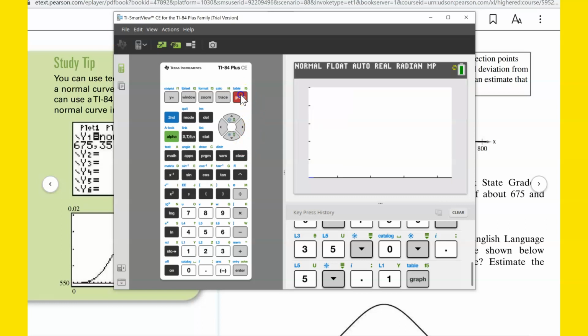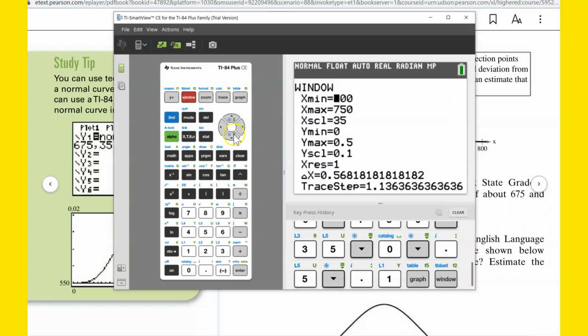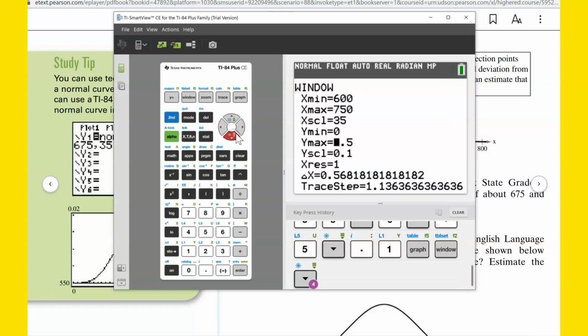Okay, you can see it looks a little better, but the y scale is obviously too high. Let's let the y scale be something like 0.05 and see if that makes it better. And let's let the y scale be 0.01. The scales don't matter.